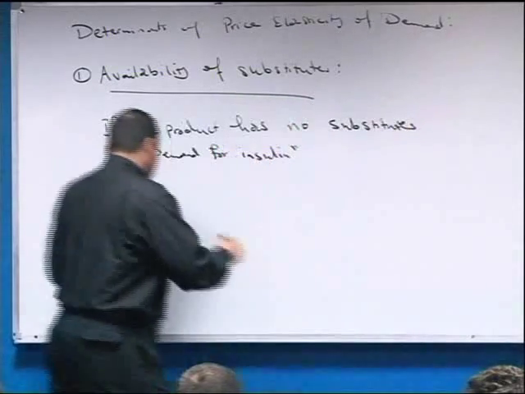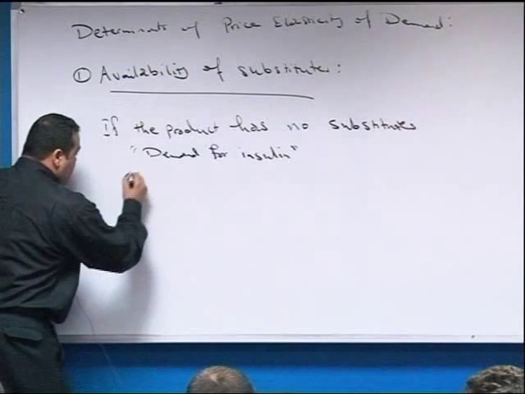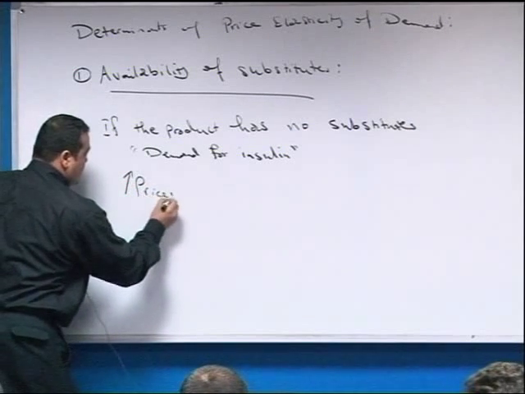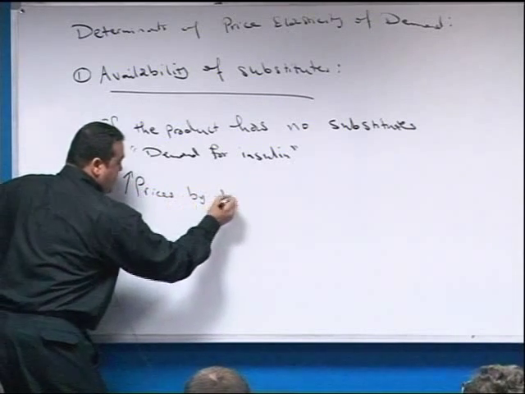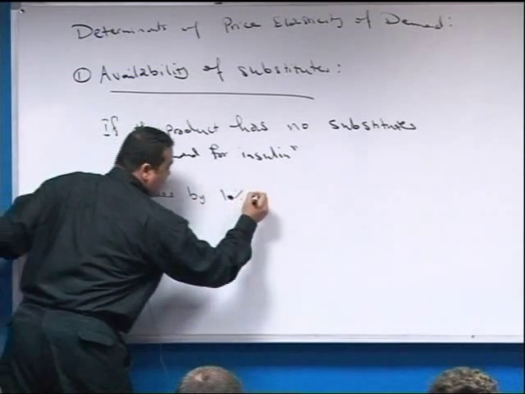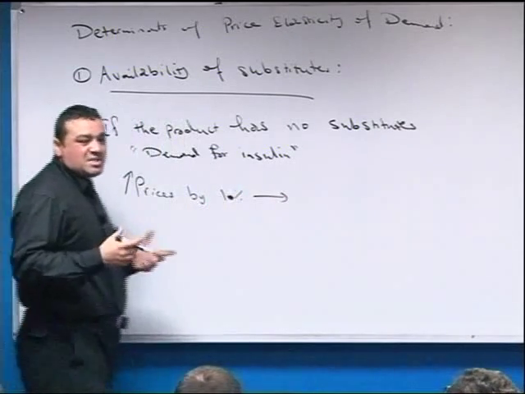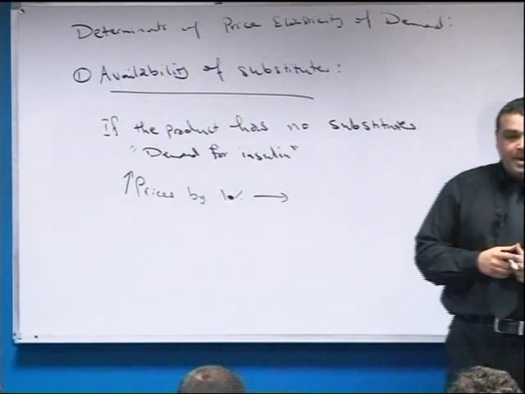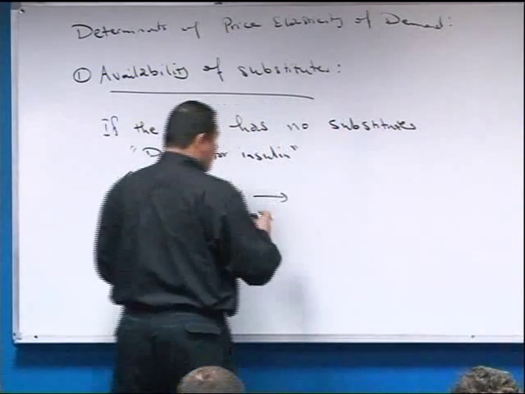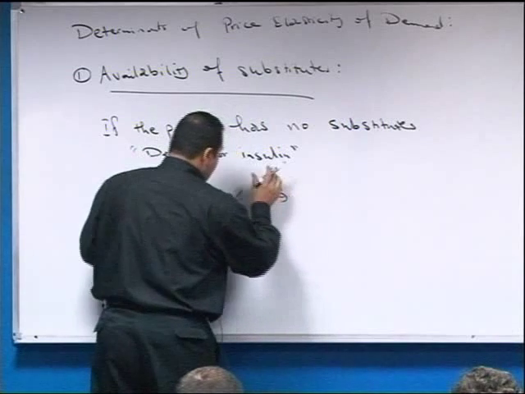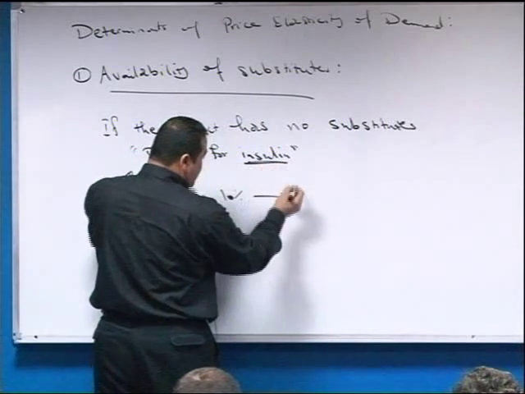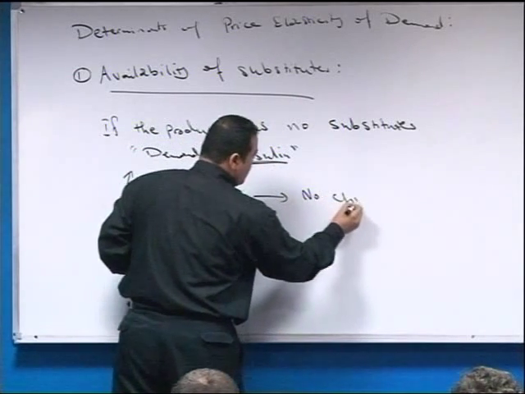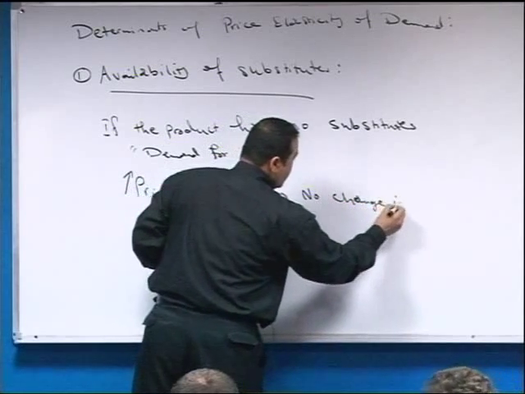So, in this case, increasing the price by 10% leads to a very small reduction in the quantity demanded. Or, as you see for insulin, there is no change in the QD.